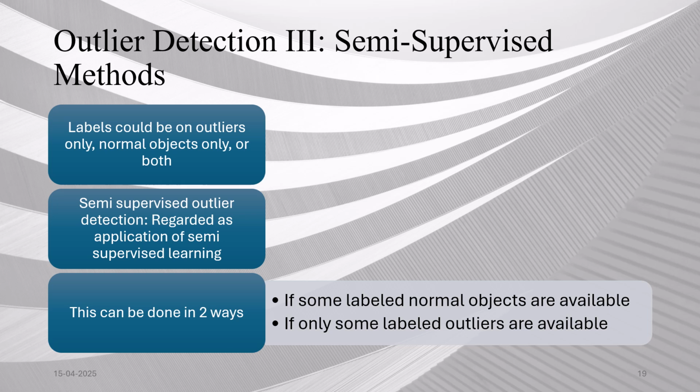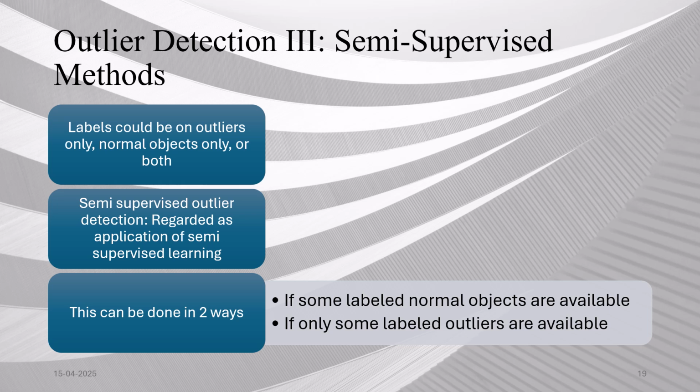Semi-supervised outlier detection methods can be regarded as applications of semi-supervised learning methods. For example, when some labeled normal objects are available, we can use them together with unlabeled data objects that are close by to train a model for normal objects. The model of normal objects then can be used to detect outliers. Those objects not fitting the model of normal objects are classified as outliers.